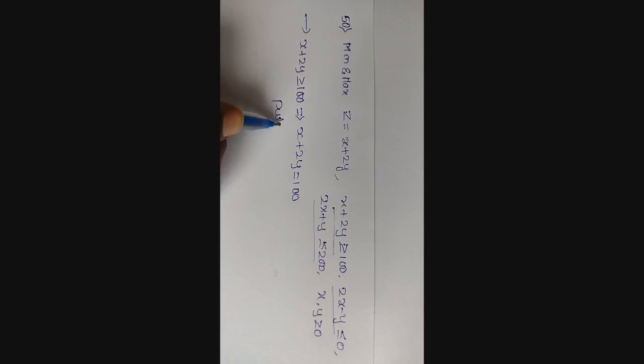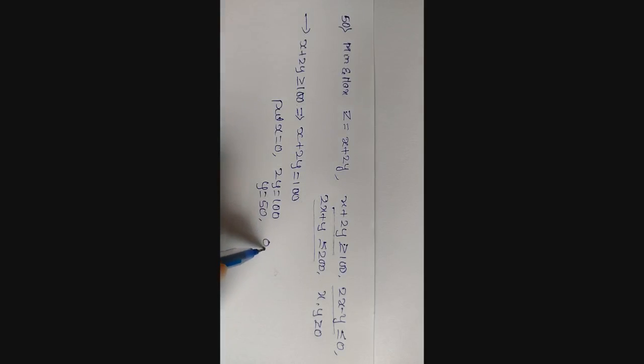Put x equal to 0, then 2y is equal to 100, y is equal to 50, so the point is 0 comma 50. Put y is equal to 0, then x is equal to 100. Therefore the points are 100 comma 0.